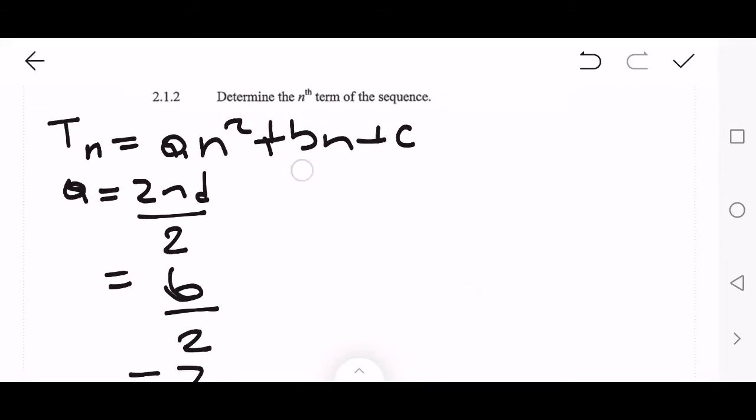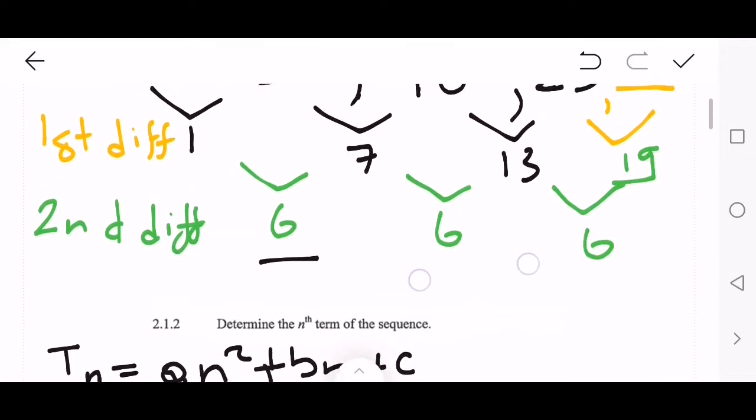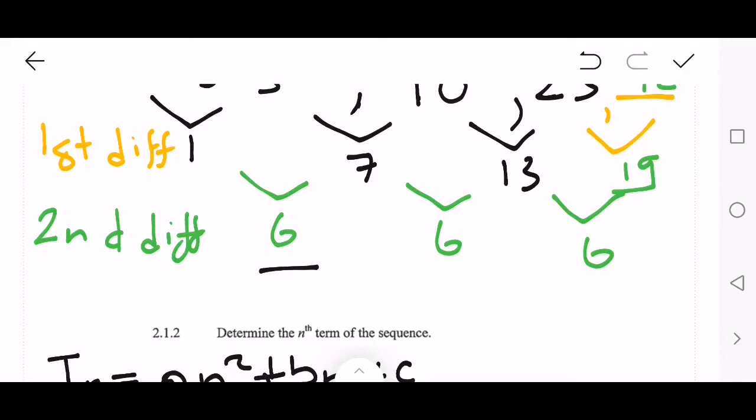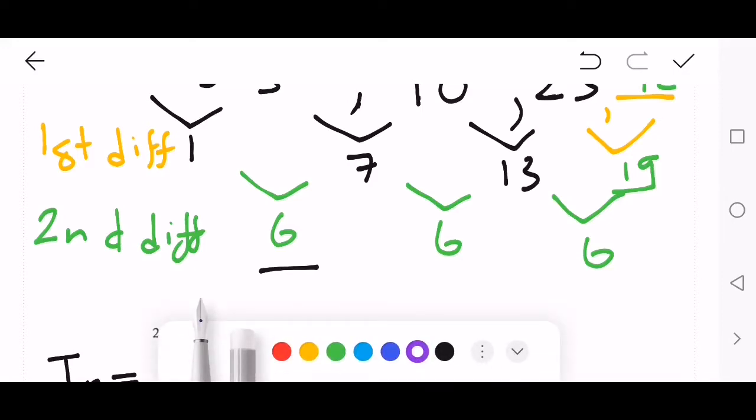And then we're going to look for b, and the formula for b is the first term of the first difference, so that is f1 minus 3a. Going back to our first difference, you will see that the first term is 1.